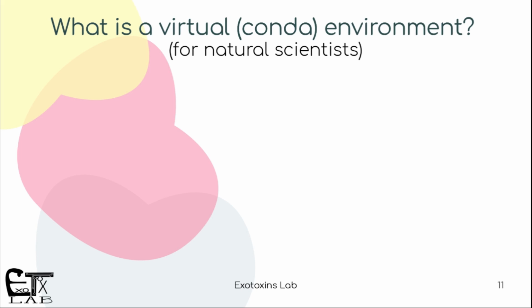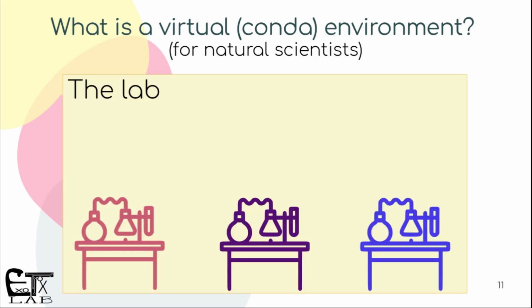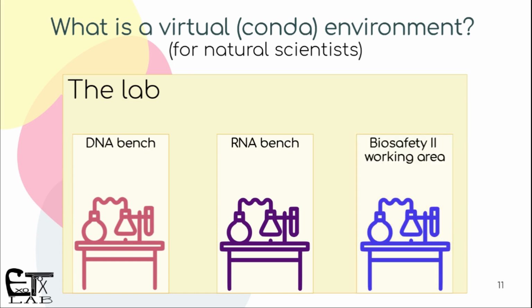Usually in the lab, you will have different benches, and you might have one that is only for working with DNA, working with RNA, and working with the biosafety organism. When you look at the benches, you see that they have different tools, like different regions.